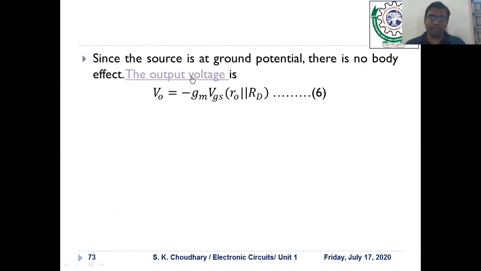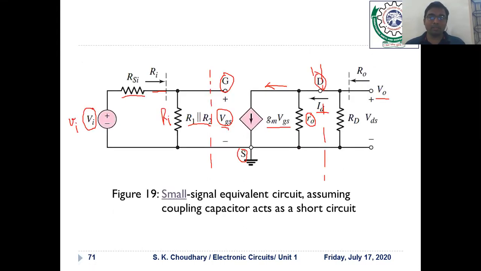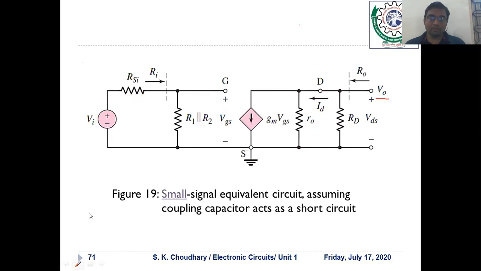So how has this voltage come? We have to just take a quick look at the small signal equivalent circuit diagram. Here you can see V0. V0 is the voltage between the drain and ground terminal. According to Ohm's law, it is the current through the drain terminal times the resistance across drain and source.